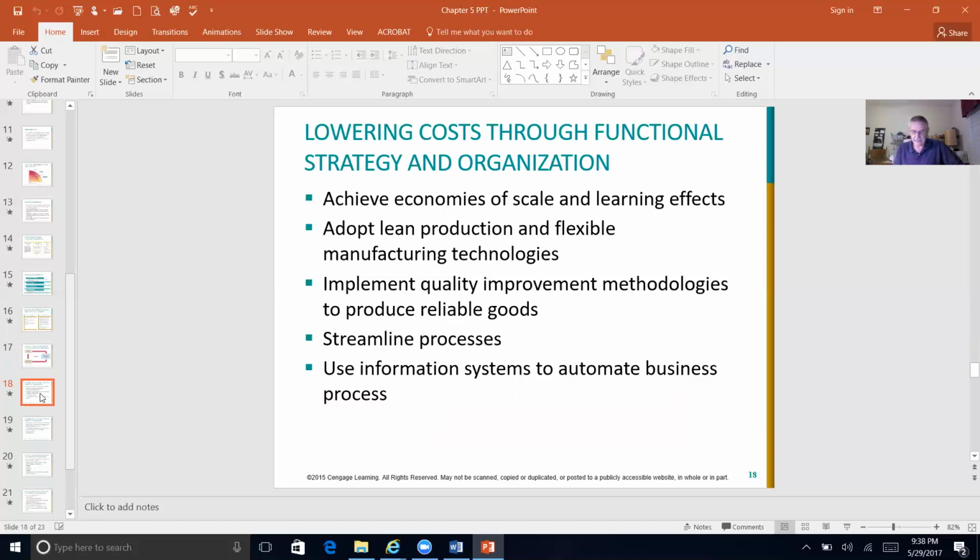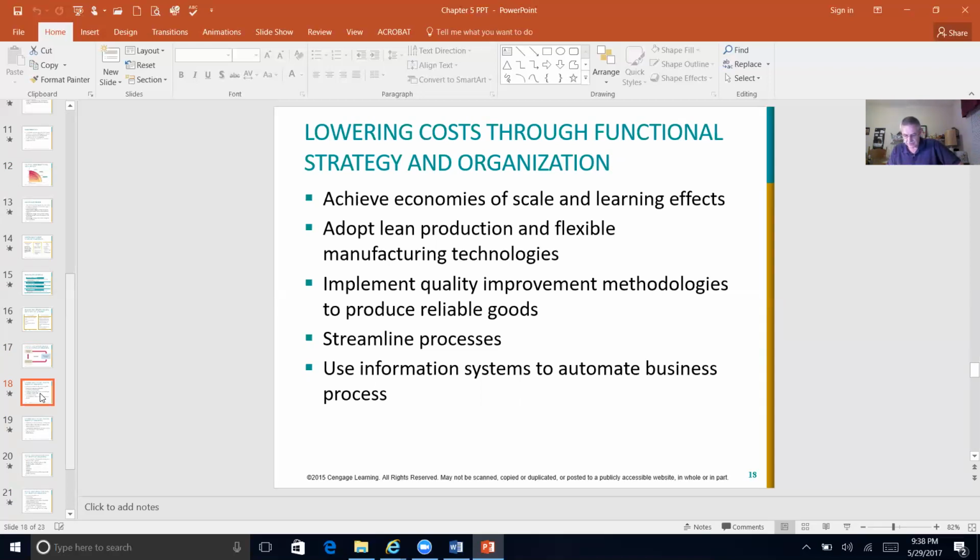And this is the how, of how a company can do this. I think there were 8 or 9 different types of strategies. Number 1 was economies of scale. Number 2 was the adoption of lean production. Number 3 was implementing quality improvement methodology that ensures the goods and services are reliable, that materials and efforts are not being wasted, that productivity is maximized, and that you have minimal to no rework, so you don't have to recreate the wheel every time.